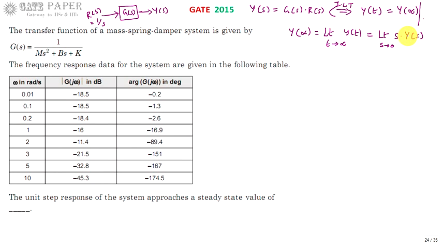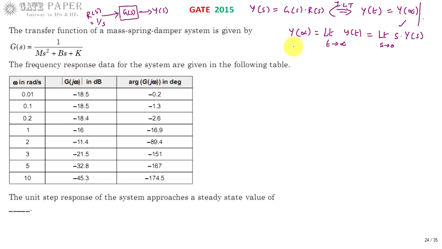Now Y of s is directly available for us, whereas Y of t is the inverse Laplace transform of Y of s. So if you go for t tends to infinity, you need to calculate the inverse Laplace transform of Y of s, whereas if you use limit s tends to 0, it is readily available and we can calculate it easily. So we will use this one to calculate Y at t equal to infinity.